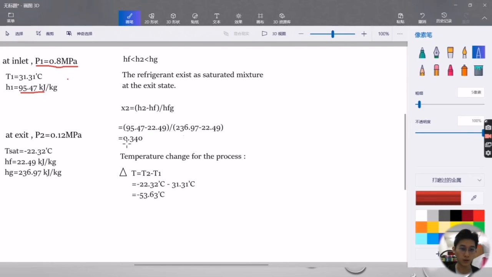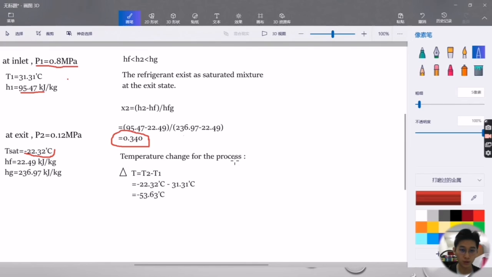We get a quality of 0.340. Since state 2 is a saturated mixture at 0.12 megapascal, the state 2 temperature must be the saturation temperature at this pressure, which is negative 22.32 degrees Celsius.